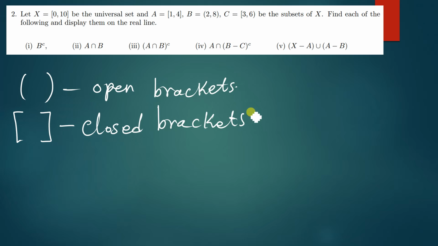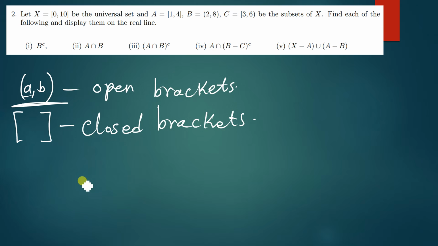When you have these type of brackets, this implies that for the numbers inside, (a, b) means that both a and b are not part of the set. We are only considering the numbers between a and b.